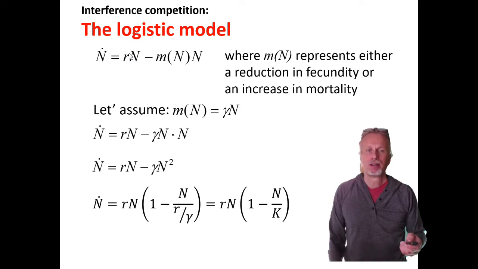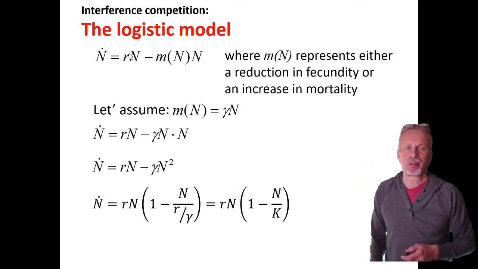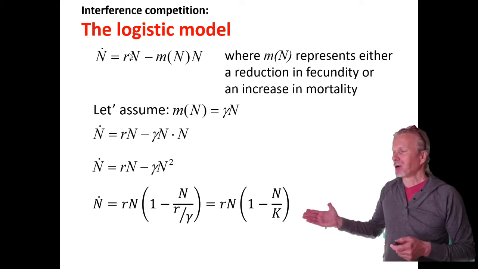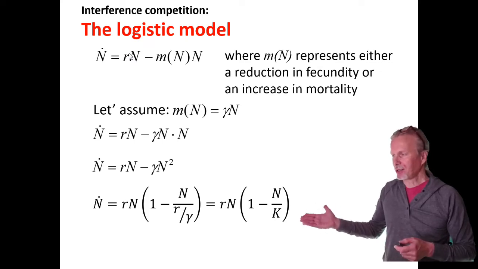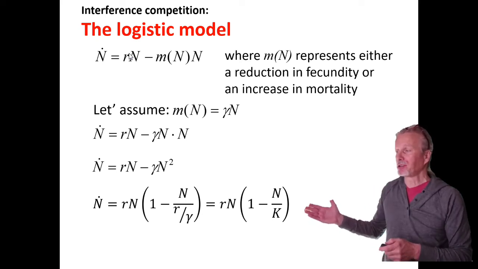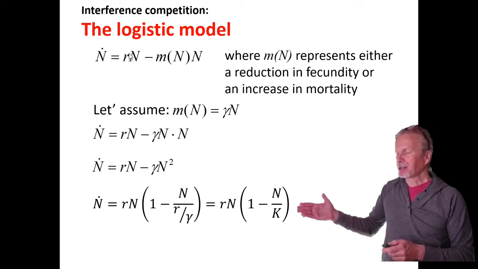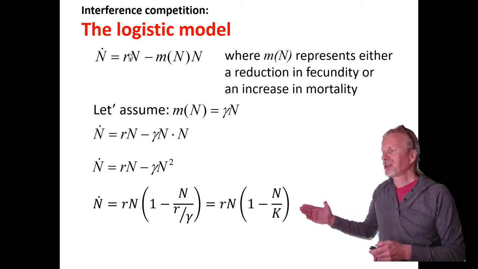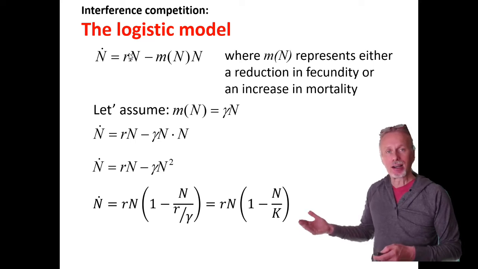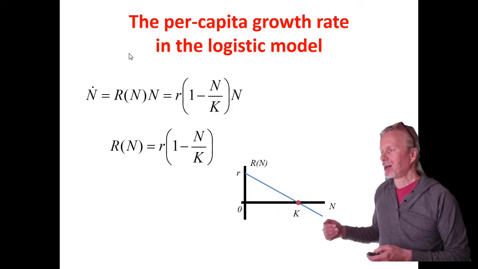We can now gather model parameters as represented here, where we get rN, the same component we had in the Malthusian model, multiplied by the term in the brackets, which is equal to 1 - N divided by r divided by gamma. And we call r divided by gamma K, which corresponds, as we have seen, to the carrying capacity of the population.